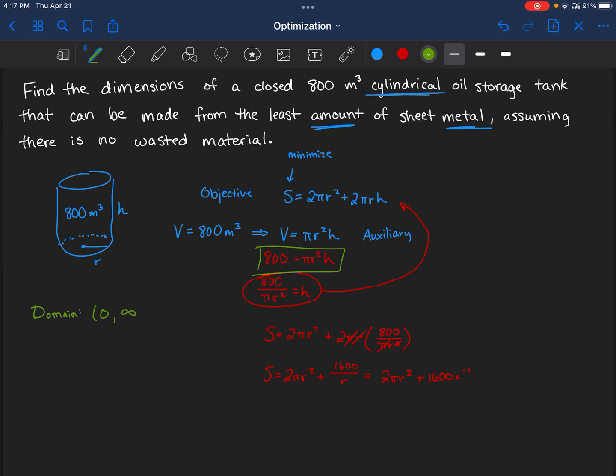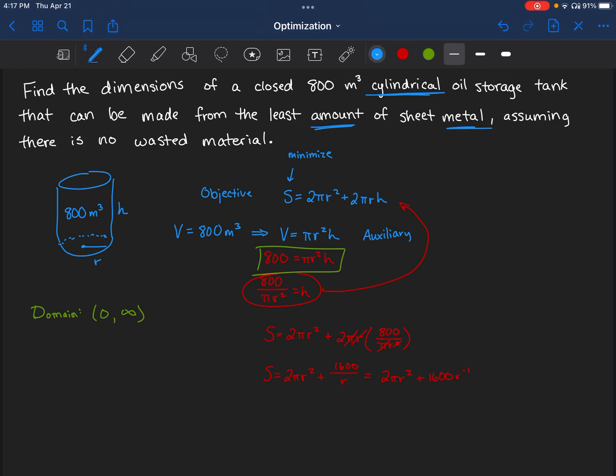So there really isn't a true maximum value to this. Again, there's nothing really stopping me from plugging in something really, really big and just having a really, really small height.